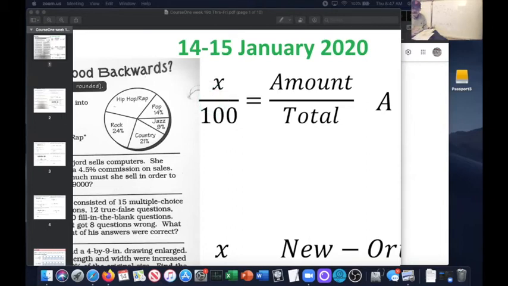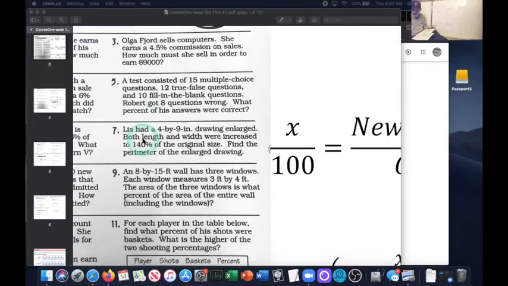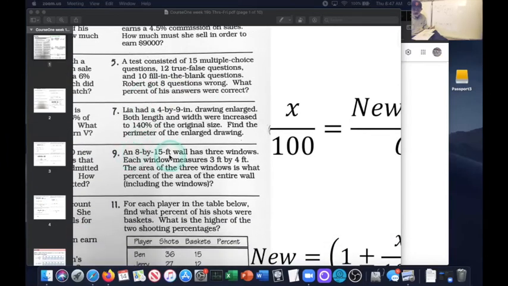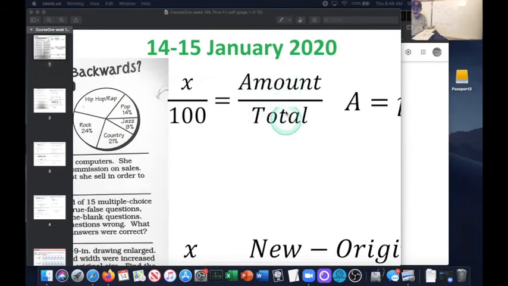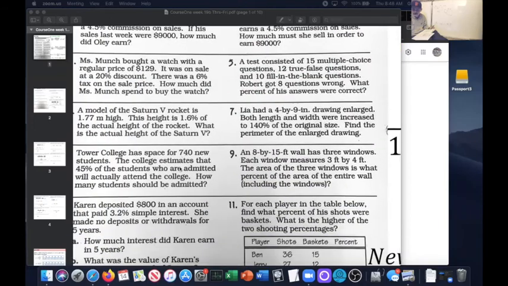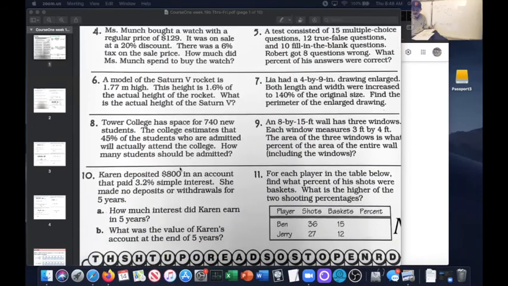So 8 times 15 is the total. 3 times 4 for each window, and then you got 3 of them. So you're going to have 3 times 3 times 4 over 8 times 15. And then you can just divide and move the decimal. You can set up this problem and use the cross multiplication proportion thing.